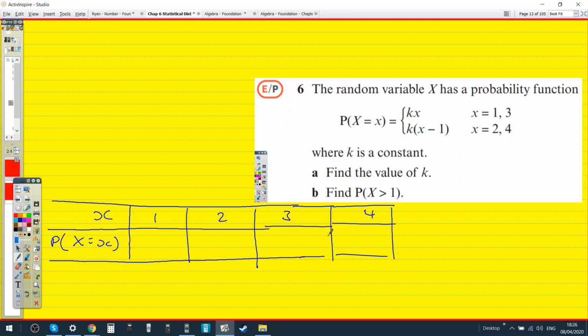So we do 1k, 3k plus 2k minus k. What is 2k minus k?